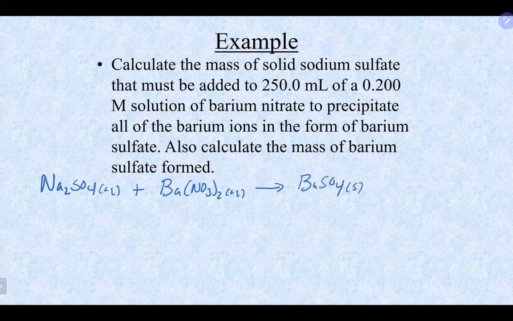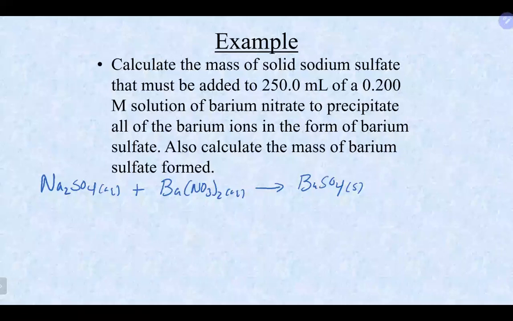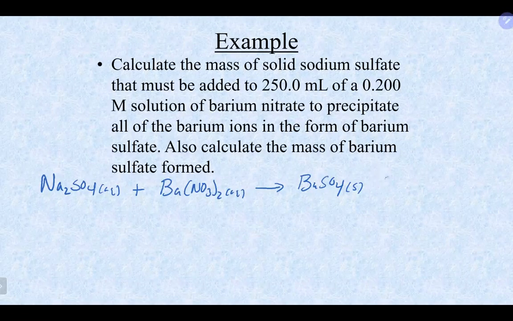We also calculate the mass of barium sulfate formed, which will be that guy as well. So there we go. Our other product would obviously be sodium nitrate. We're going to do a double displacement here, so we should end up with NaNO3, and that would obviously be soluble.